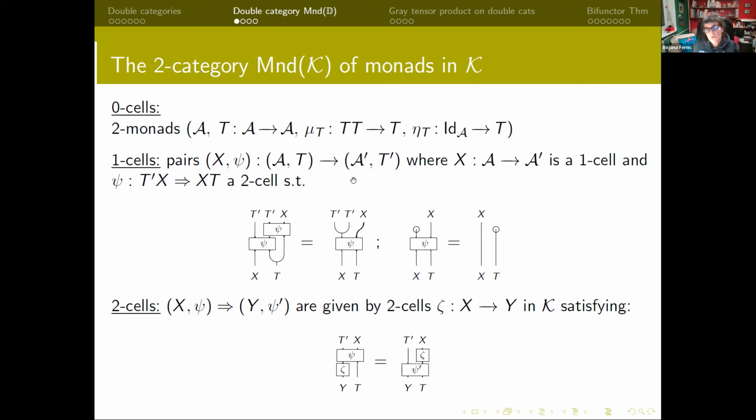They are pairs (X, psi), where X is a 1 cell from A to A prime, and psi is this kind of 2 cell. And this psi needs to satisfy these two laws, which are actually like distributive laws of psi with respect to the multiplication and unit. I looked at my string diagrams from top to bottom, and there are two versions. As Bob said, you can consider lax or colax monad maps, or left or right, as you want to see it. And okay, now 2 cells, I'm not interested in them now.